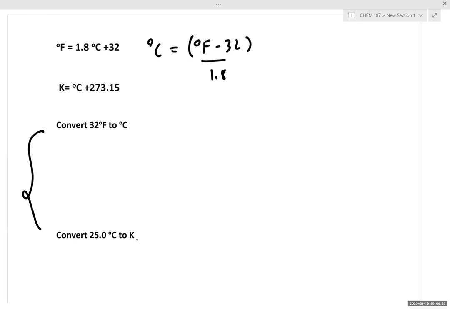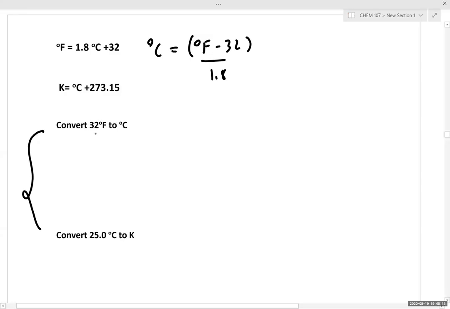Let's try to get a few more responses in the chat before we discuss. And the responses I see in the chat look reasonable. So let's now discuss these examples.